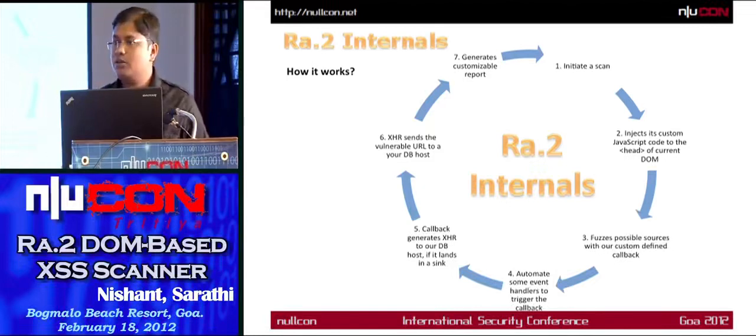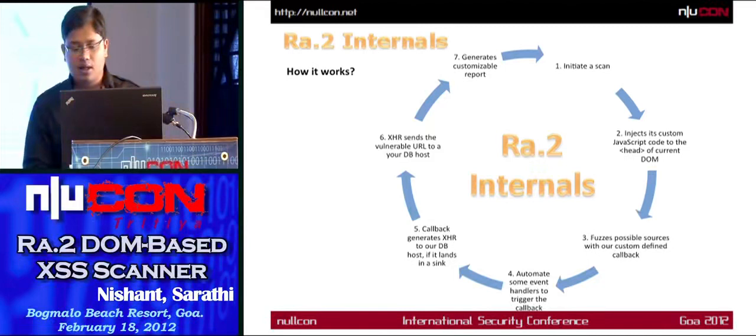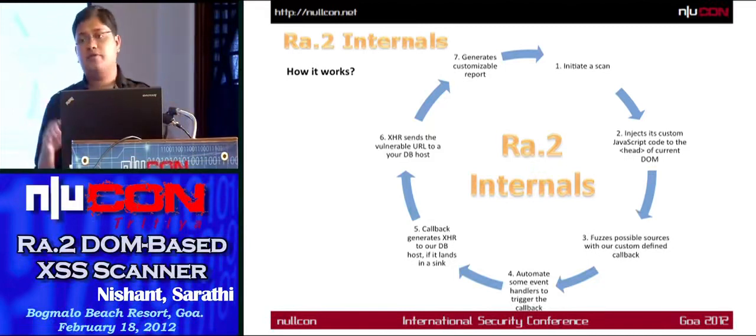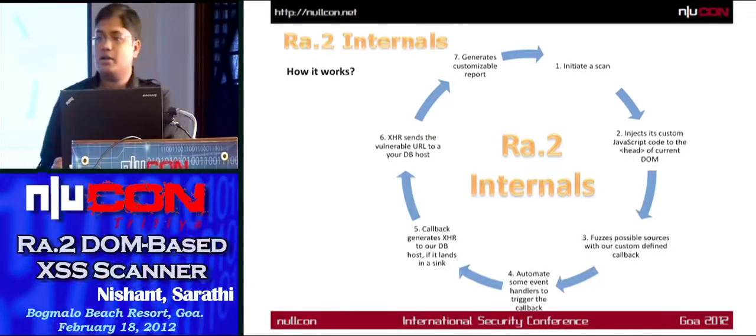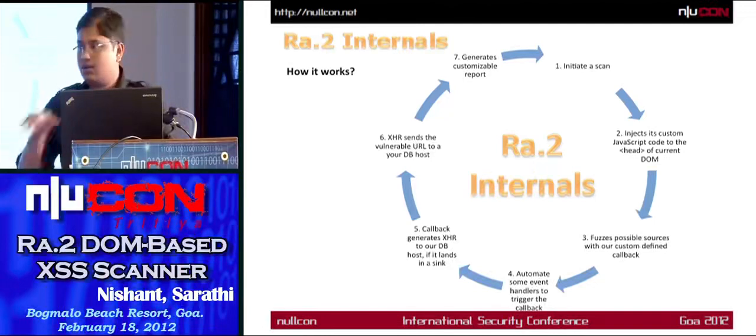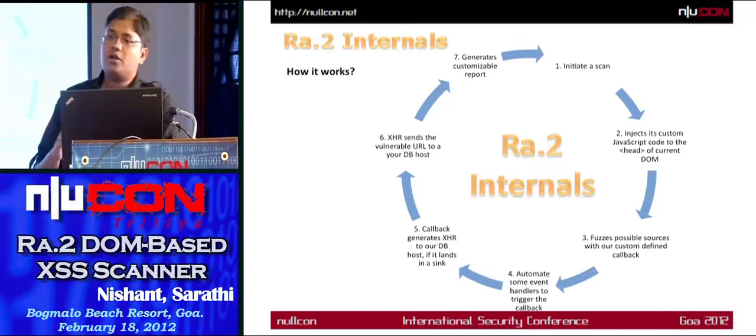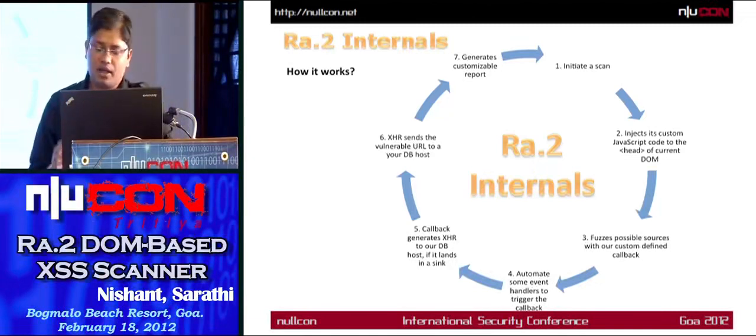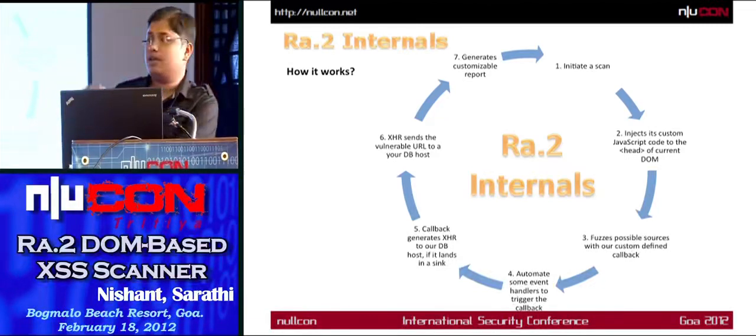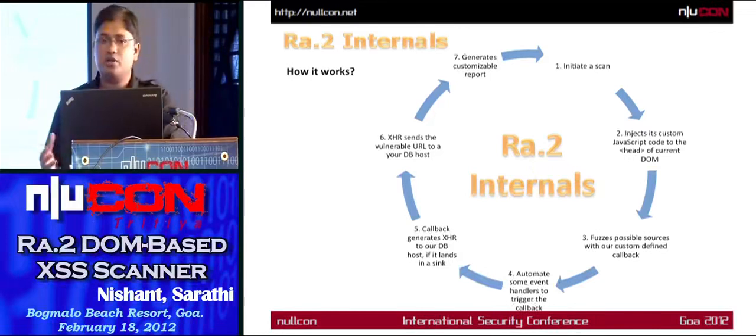It fuzzes all possible sources with our custom callback, and if our code is directly executed by the browser, like it slides down to the sink and then boom, the URL of the page will be recorded in our database. If it requires an event from the user to trigger it, we have implemented some partial event handler to trigger the event and trigger the callback.